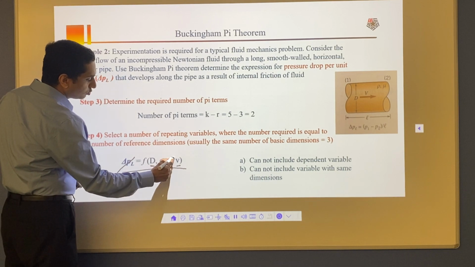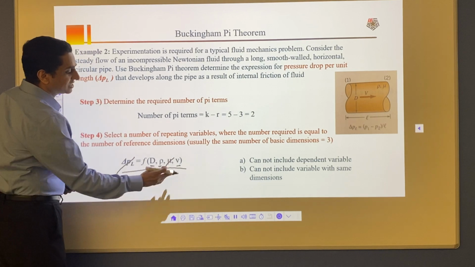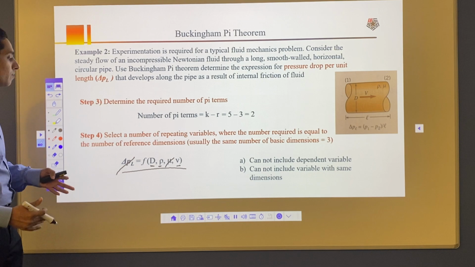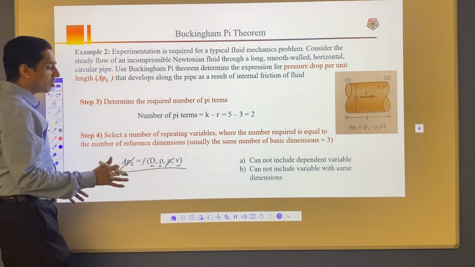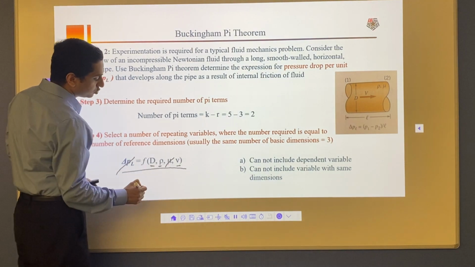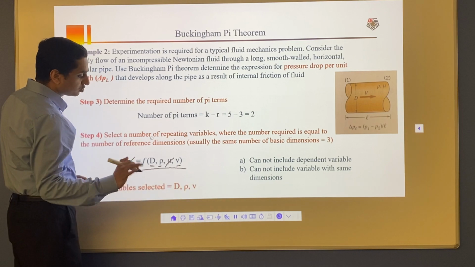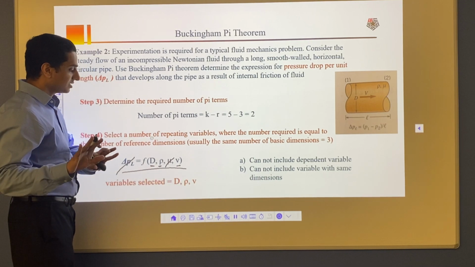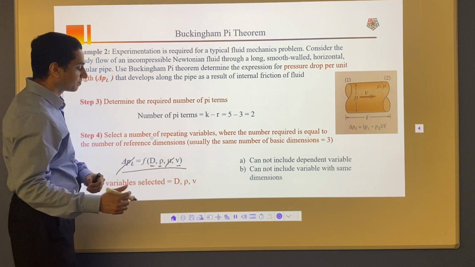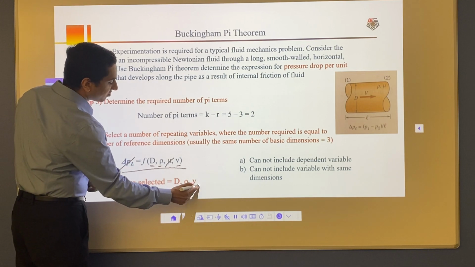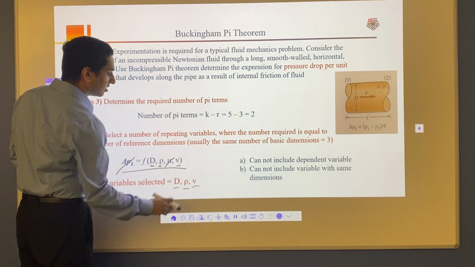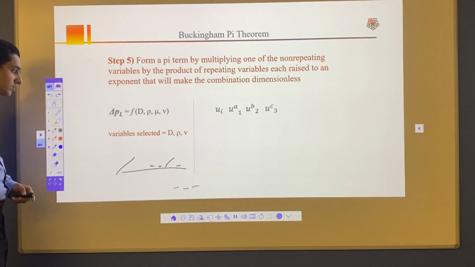I'm going to avoid choosing viscosity for now because it has a complex unit, and this is something you will get with more practice and experience. I'm going to choose 3 variables which have relatively simpler units. Diameter, density, velocity have simpler units, so I'm just going to go with that. You're done with units.